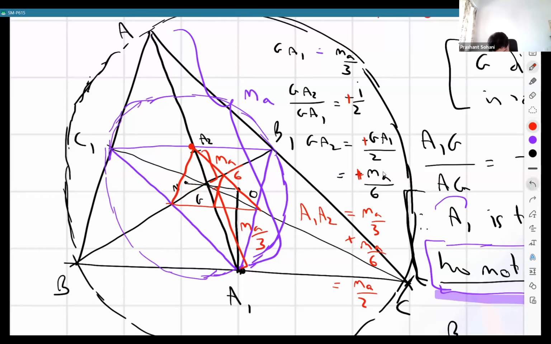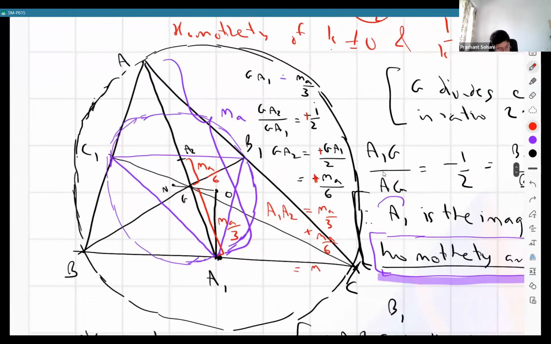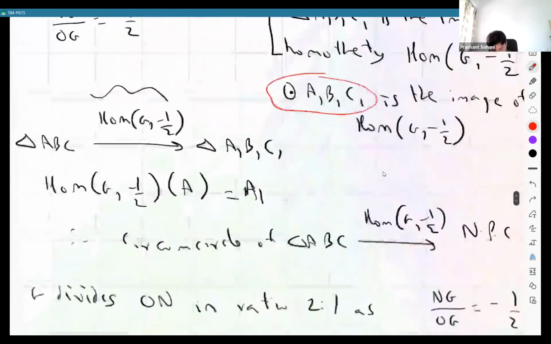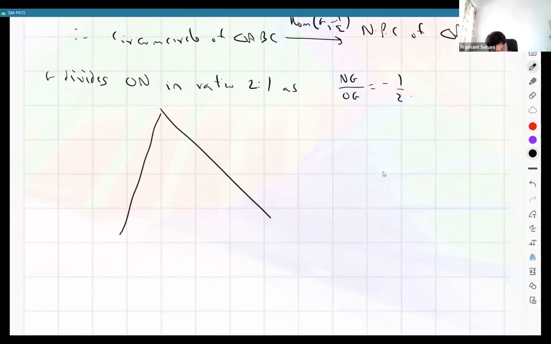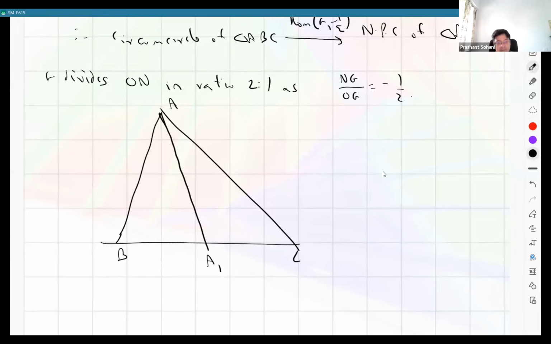Okay. So the whole point of doing all of this was to prove that. So let me just simplify the diagram a little bit to give the important information. What I'm suggesting is that if you take triangle ABC, let A1 be the midpoint of one side.